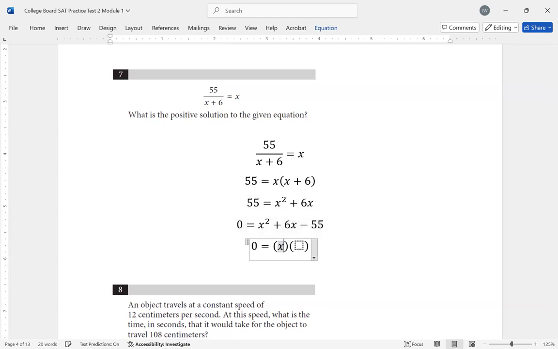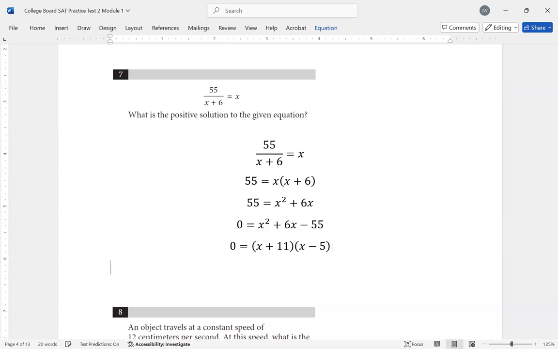And we'll go x plus 11 and x minus 5. 11 times negative 5 multiply to give me negative 55. And 11 plus negative 5 add to give me 6. So those are the two numbers I'm looking for.